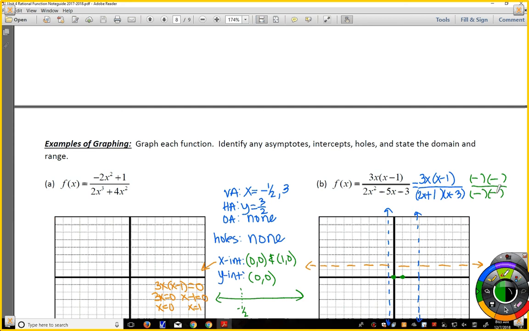A positive, right? Okay, so all I know is that on this side, it's positive. Now, let me show you what that means on the graph. You guys don't draw this, but it gives you a technique if you want to later. That means whatever you graph over here must be above the axis. That's the interpretation of this, okay?